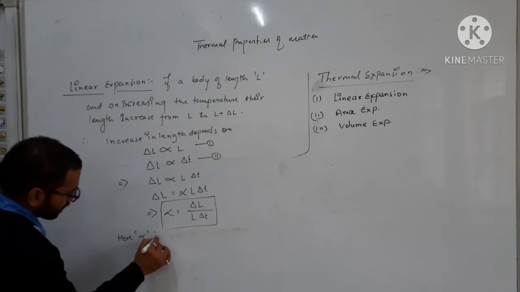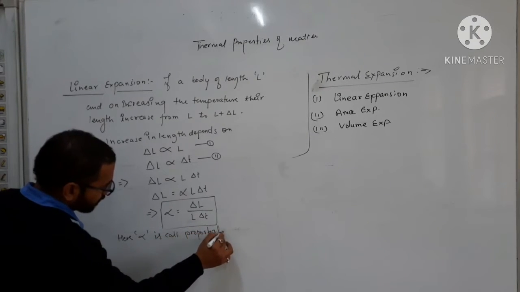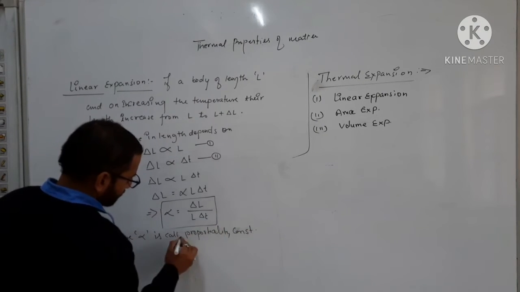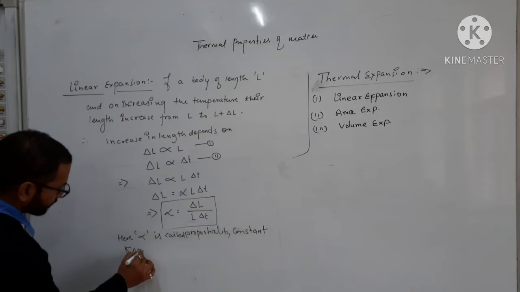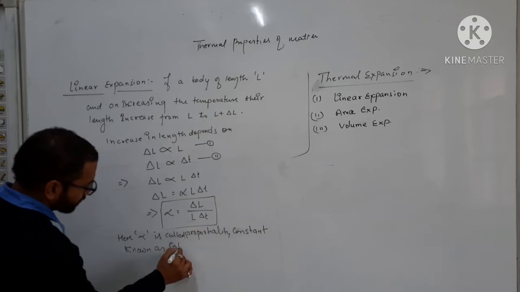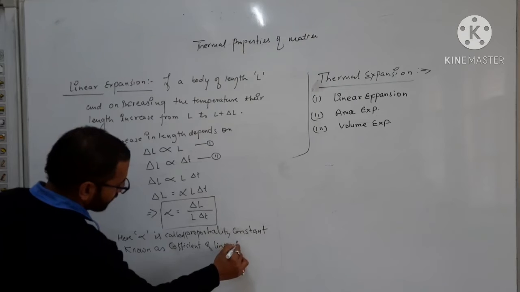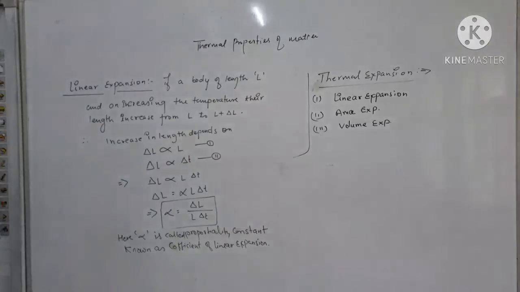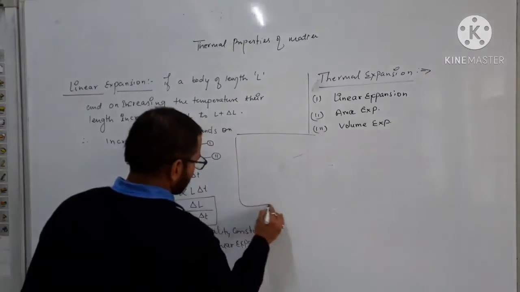Here alpha is called the proportionality constant, known as the coefficient of linear expansion. Point clear?